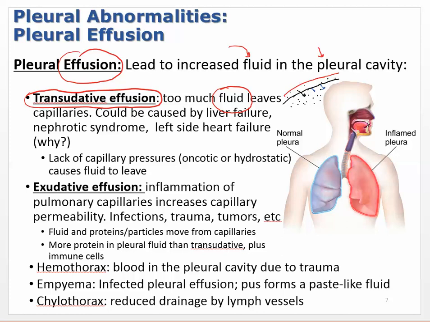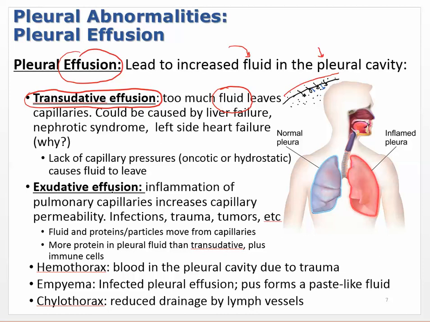Higher hydrostatic pressure means fluid's going to push out just because of more pressure in there. But at any rate, both of these things are fluid moving from the capillaries into the pleural cavity. So that's transudative.